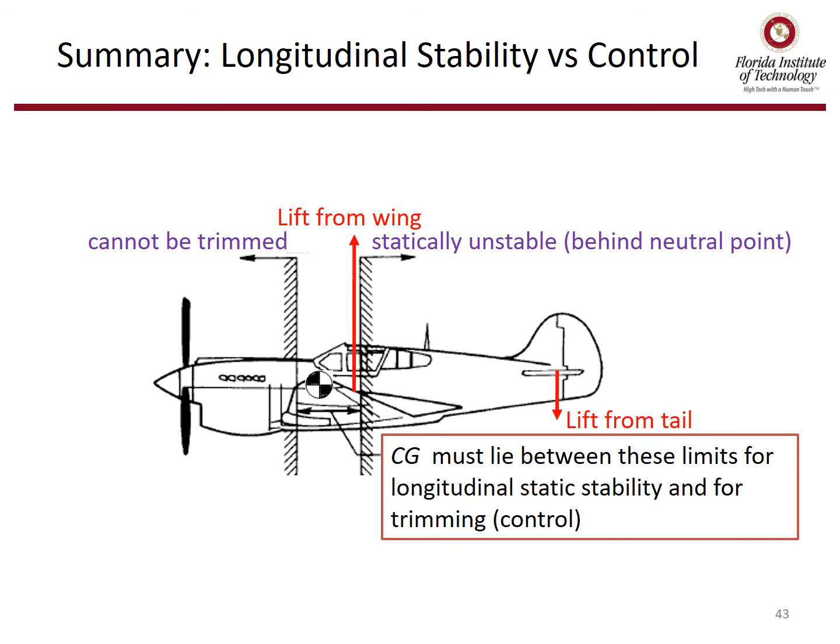In summary, longitudinal stability versus control is shown here. The forward CG limit means I cannot trim the aircraft. The aft CG limit means I'm statically unstable. So our CG needs to reside between these two boundaries for the airplane to be both statically stable and trimmable.